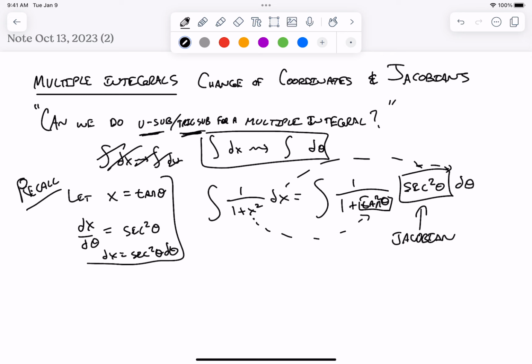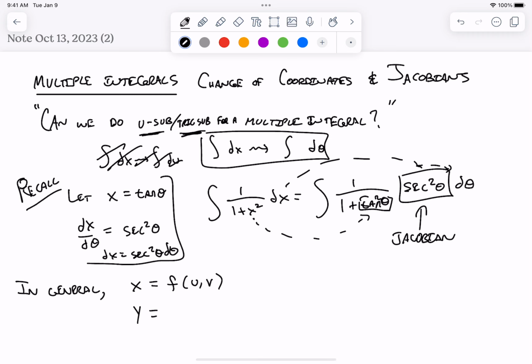So how does this look? We're going to generalize this to the two-variable scenario. In general, we don't just have x as a function of theta, but x as a function of two variables, and instead of theta I'm going to use u and v for the new variables.